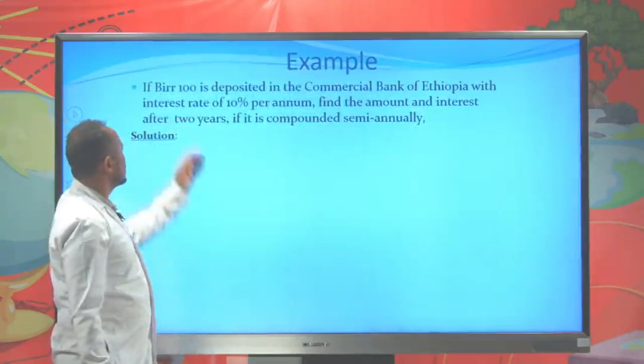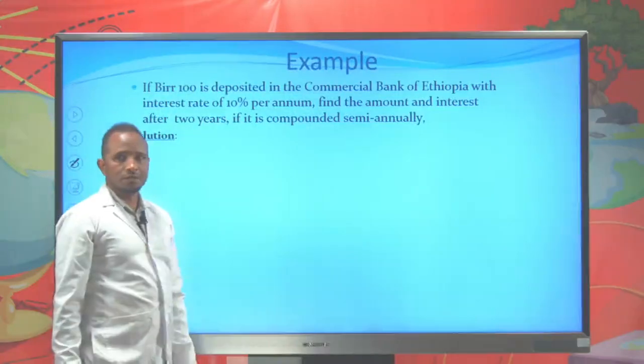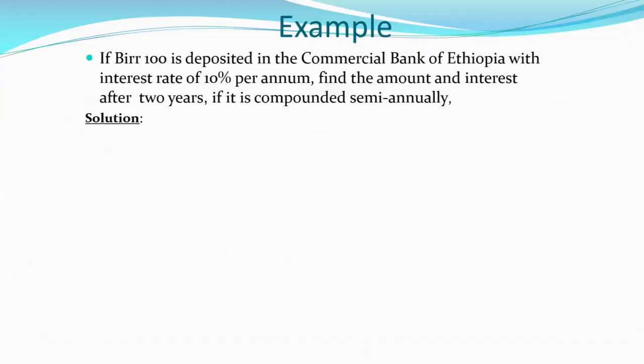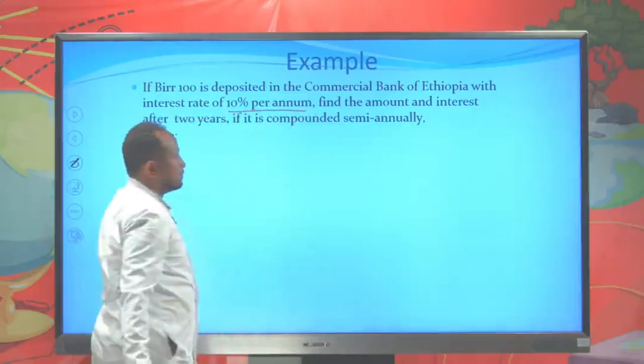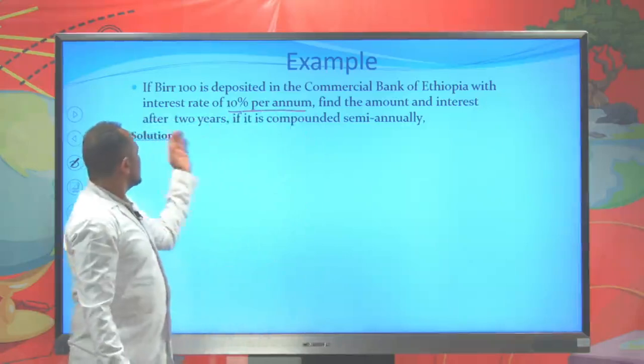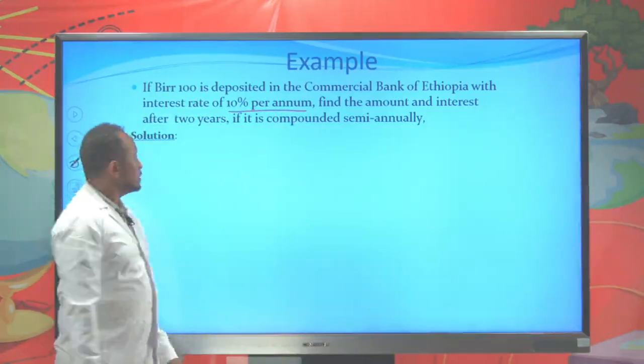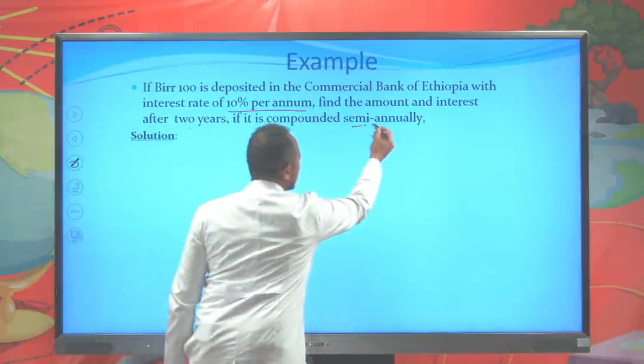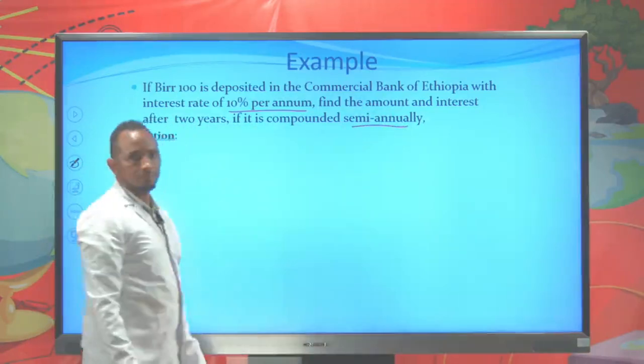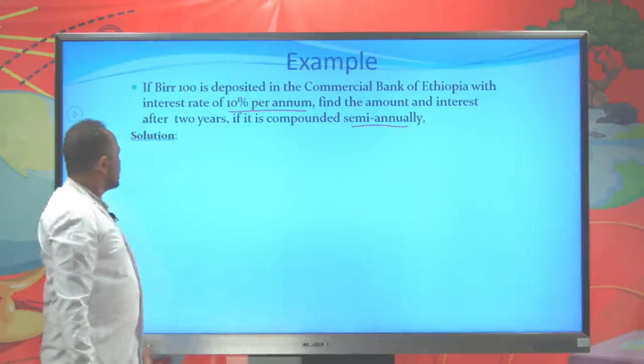Here, if birr 100 is deposited in the Commercial Bank of Ethiopia with interest rate of 10% per year, find the amount and interest after 2 years if it is compounded semi-annually. So let's see the solution.